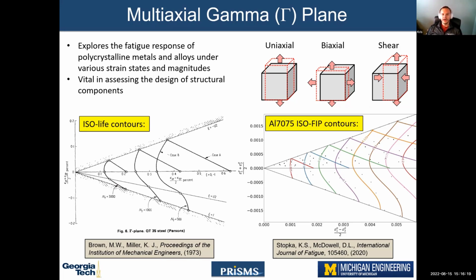We can then extract some number of the highest FIPs, and using a Gaussian process model, we can generate iso-FIP contours. So while this isn't the same thing as life, the FIPs can certainly be calibrated to get an experimental fatigue life. And what's nice about this is you can see that these curves are especially similar. So this gives us confidence that our framework and especially the physics that we simulate is on the right track.